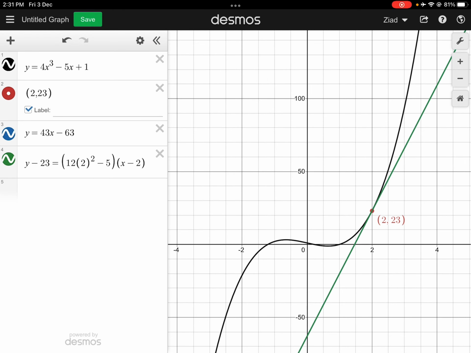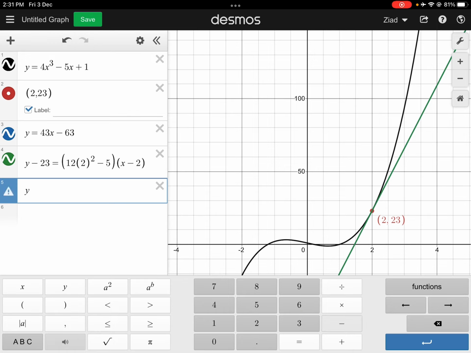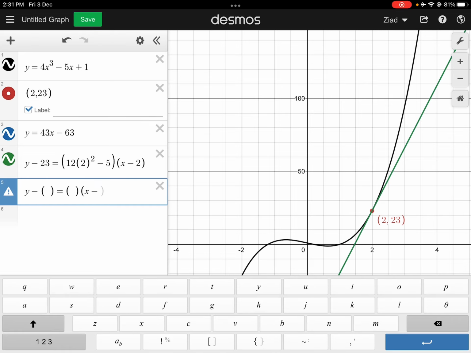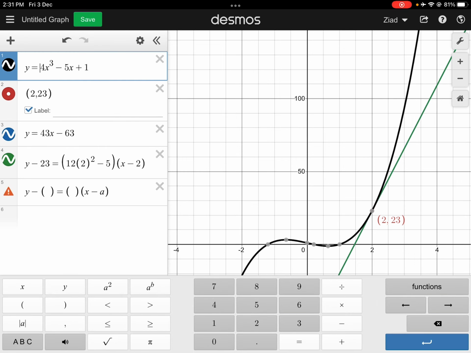And I will tell you quickly, if you want to do it in general, you do y minus f of a equals the slope times x minus a. So let's do any a. So here y minus f of a, you will put a inside this formula.